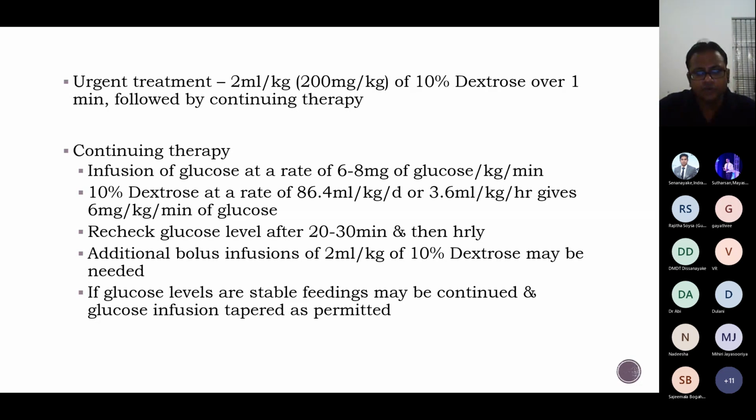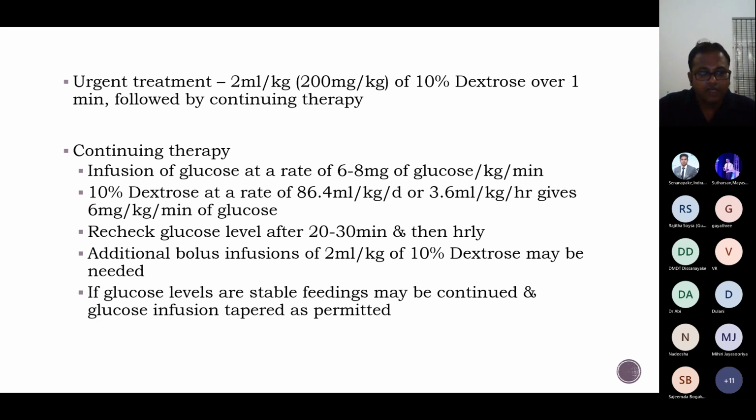So if you want to find out these milligram and ml rates, then you can use online calculators available, so you can type those milligram levels and the dextrose percentage, and then you will get how much ml per kg per hour. Right.